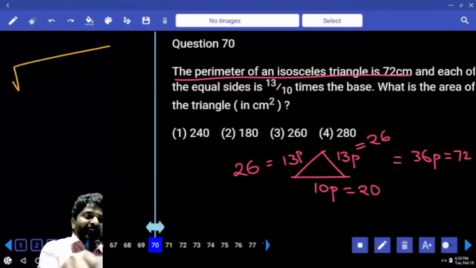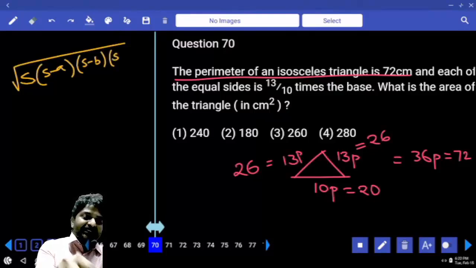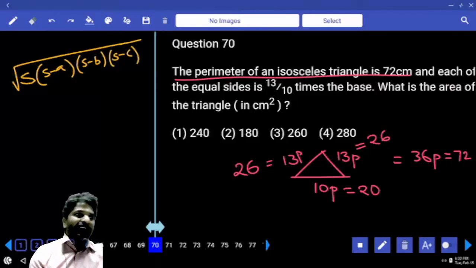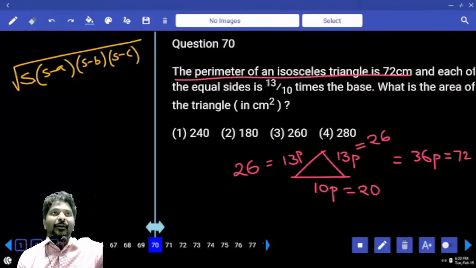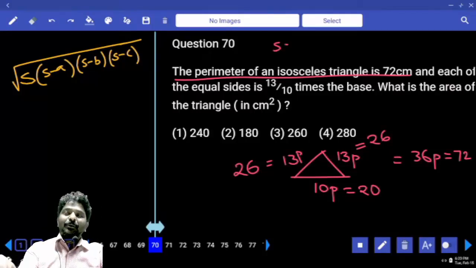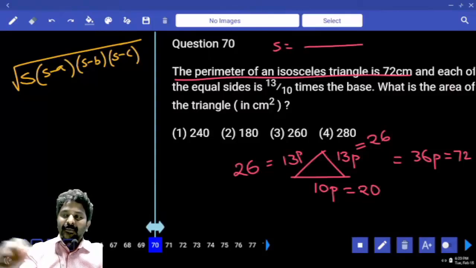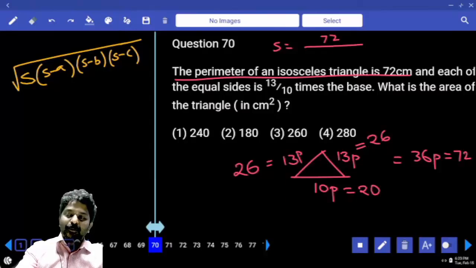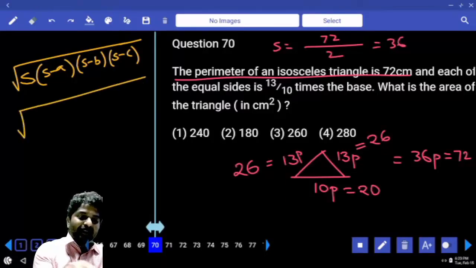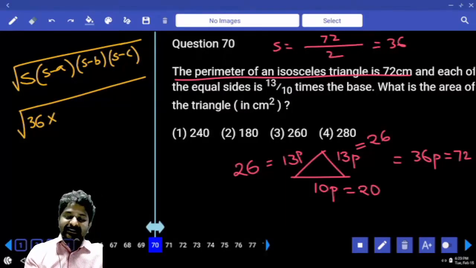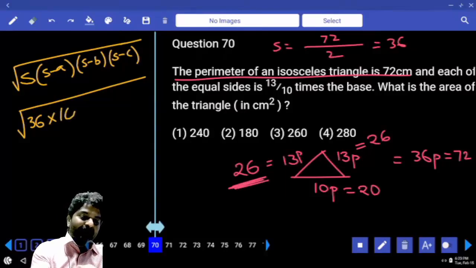What is the area of the triangle? Can I treat it as root of S into S minus A, S minus B, S minus C? Where S is equal to half of all three sides, half of the perimeter. 72 by 2, how much is this? 36. So that is under root of 36 into S minus A, 36 minus 26, 10.